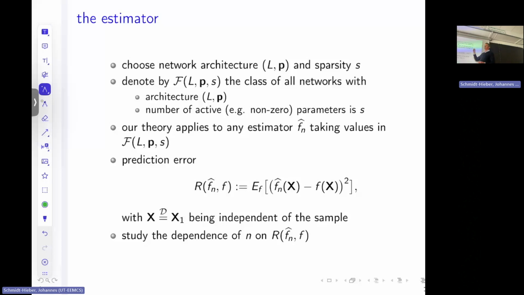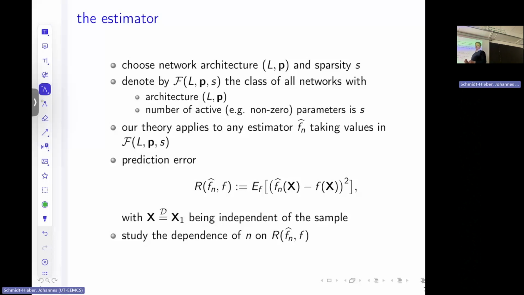And on top of this, because we have this thing about sparsity, we also pick a sparsity index, how many non-zero weights we expect, as an upper bound. And then we can put together all the functions that we can generate with this architecture and this number of non-zero parameters, where we don't know where the parameters are, they're just non-zero and somewhere in the network. All these functions generate this function class.